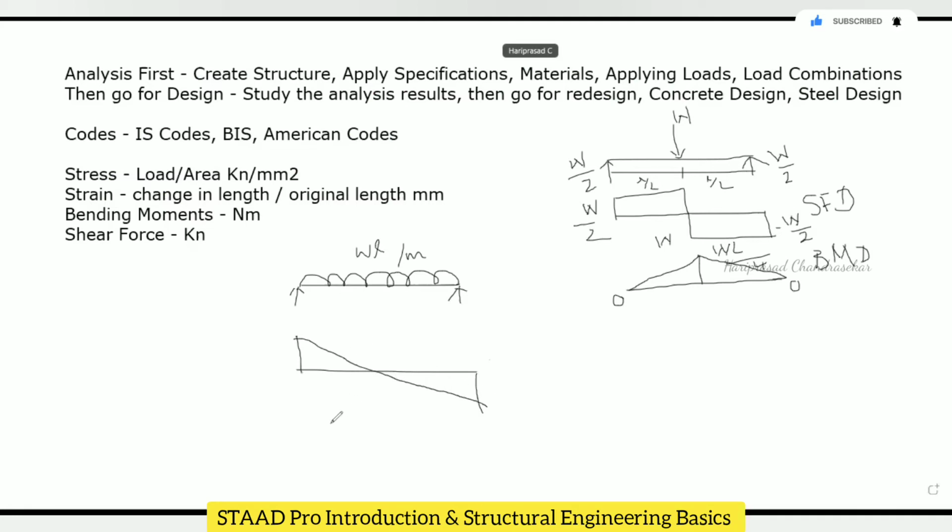And you also have a bending moment. The bending moment will be in a parabolic path like this. Accordingly, here we also have some formulas. The maximum we call W L square by 8, and here we have W L by 2.